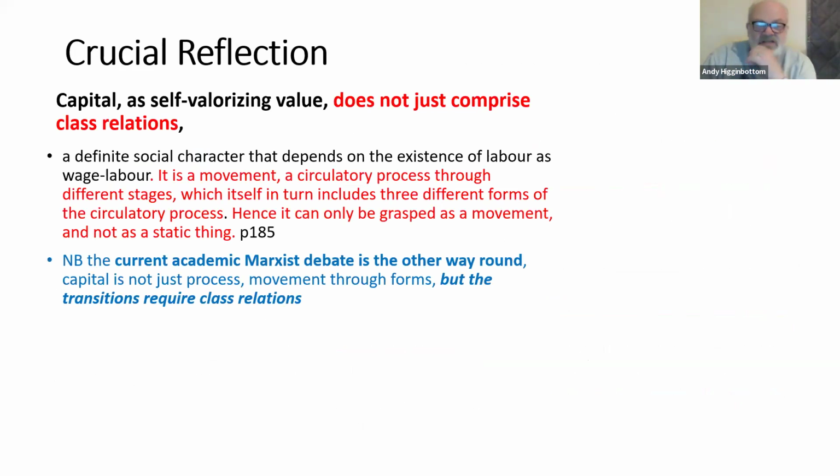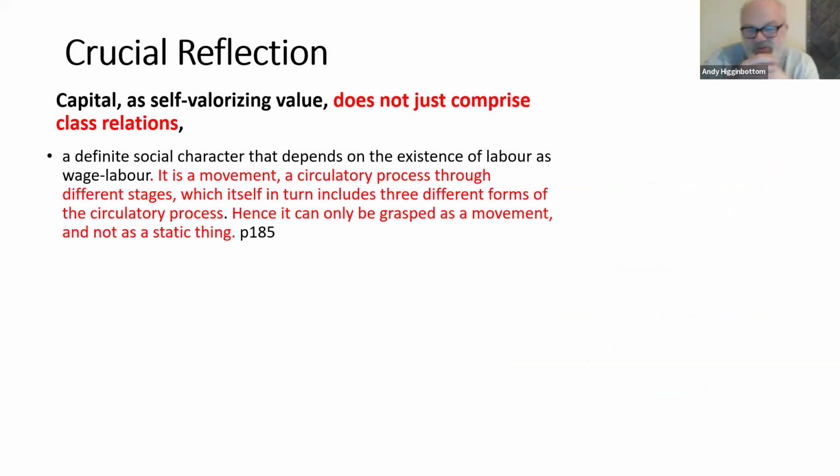Now he makes what I think is a very crucial reflection at this point, and I'm actually going to turn it around the opposite way to the way Marx makes it. So he says, capital as self-valorizing value does not just comprise class relations. It is a definite social character that depends on the existence of wage labor.